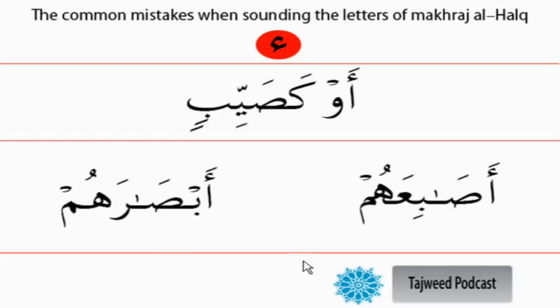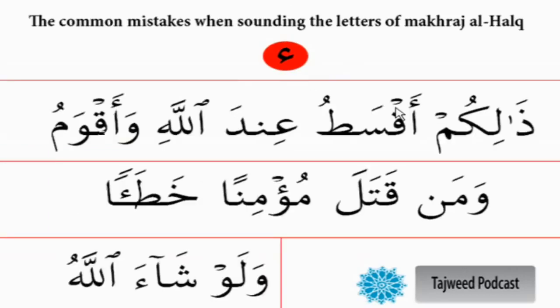So the first thing in the Quran to be careful about is not to say a'udhu heavily, it's a'udhu. The second is the word of Allah, do not say it heavily, it's Allahu, the lam is not mufakham, but the alif is muraqqaq. Another example in this ayah, ذَلِكُمْ أَقْسَطُ عِنْدَ اللَّهِ وَأَقْوَمْ.